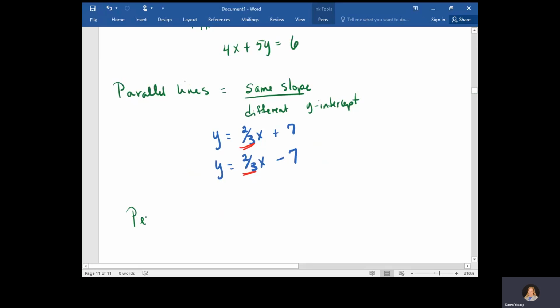And perpendicular lines: their slopes are what we call the negative reciprocals.